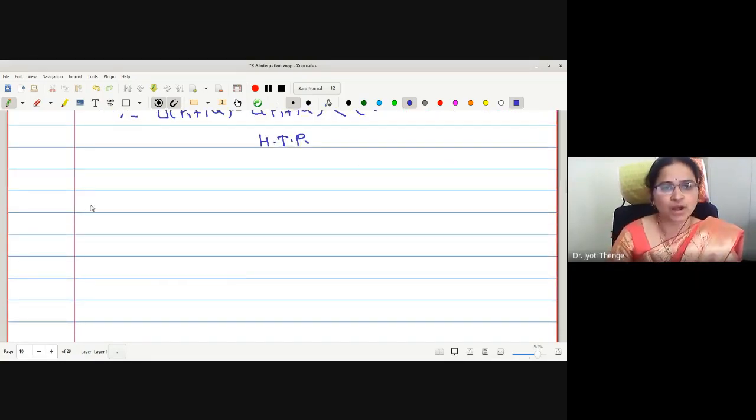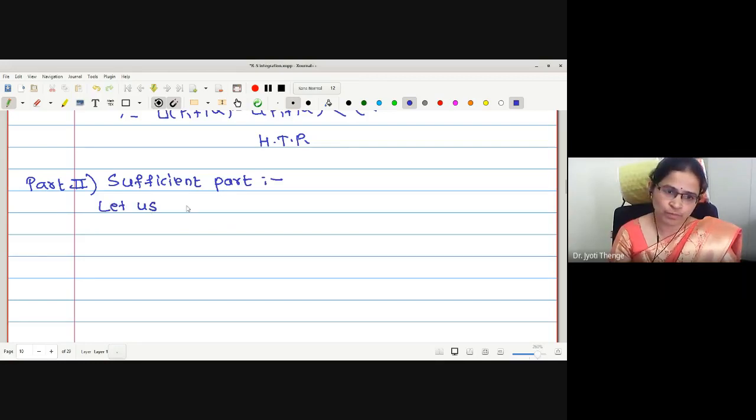Now we will go for part 2, the sufficient part. Now we want to reverse our assumption. What will be my assumption now? Let us assume U(P, f, alpha) minus L(P, f, alpha) is less than epsilon.